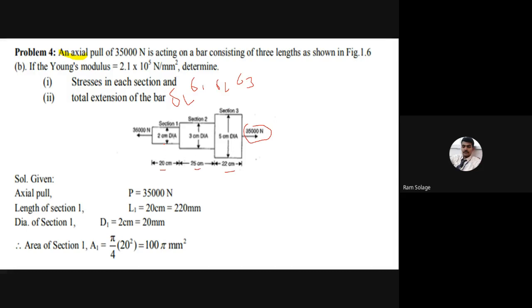We can write small d1 or capital D1, no problem, but small d1 will be better. Small d1 is 2 centimeter, small d2 is 3 centimeter, and small d3 is 5 centimeter. These are the diameters. With the help of the diameter, we can calculate A1, A2, A3.